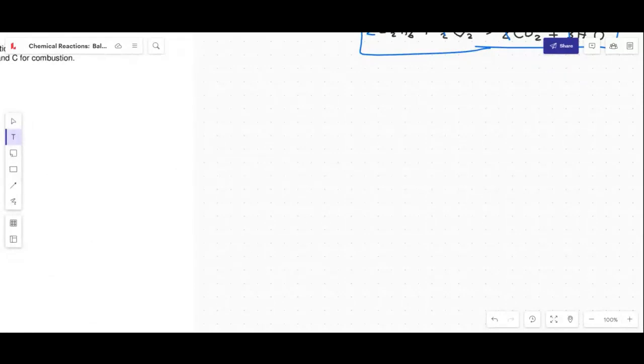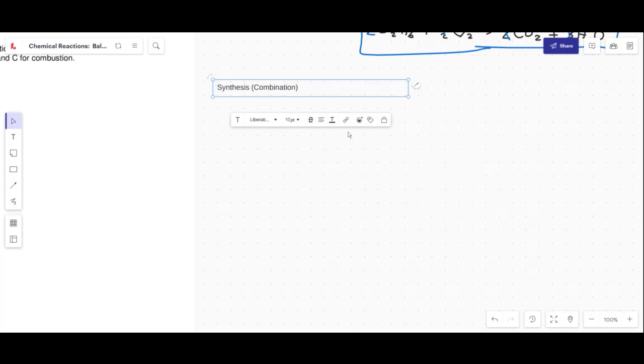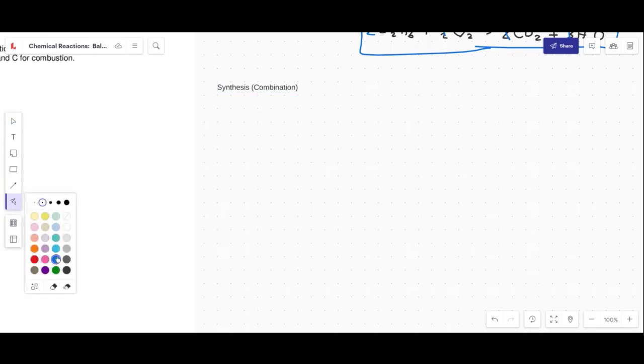And so the first one is synthesis, and synthesis is sometimes also called a combination reaction. The general formula for this is A plus B goes to form AB.